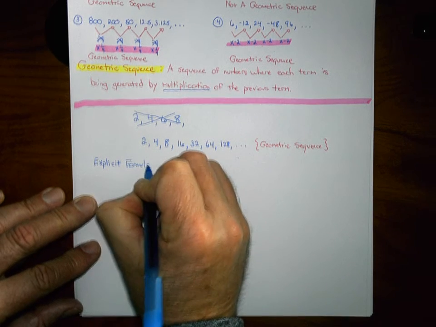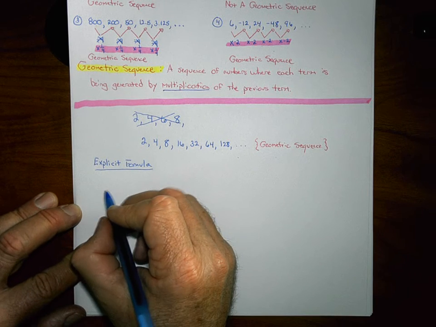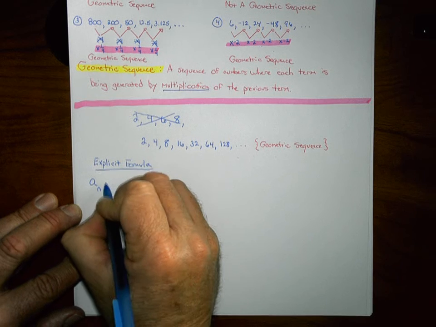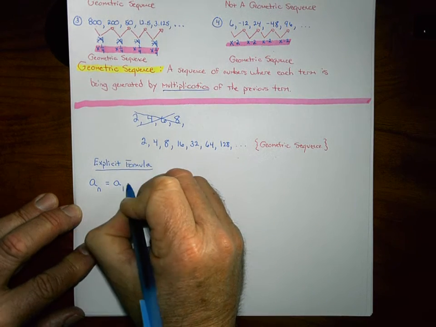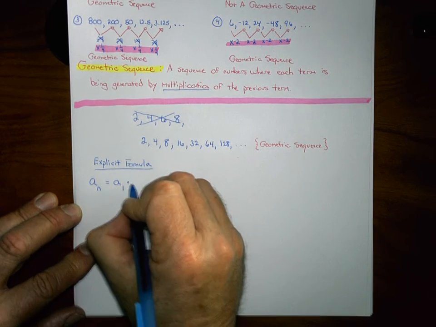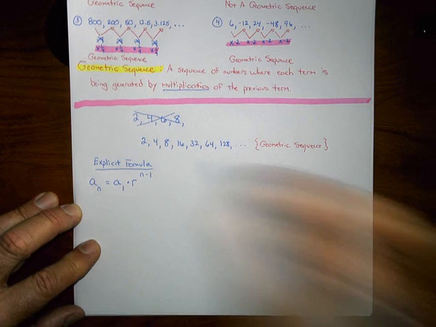Go ahead and write this down. You're going to have to be familiar with this formula. The explicit formula is a subscript n is equal to a subscript 1 times r to the power of n minus 1.